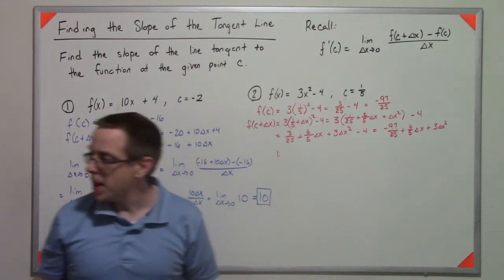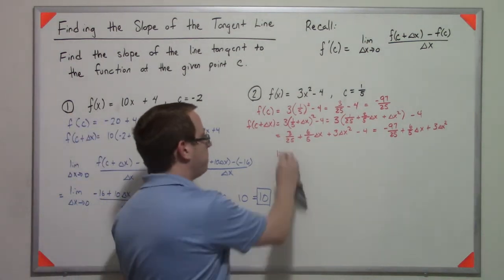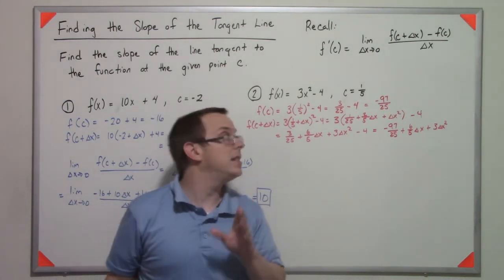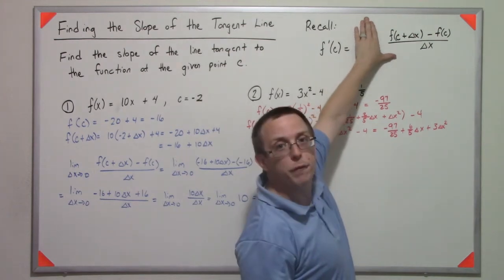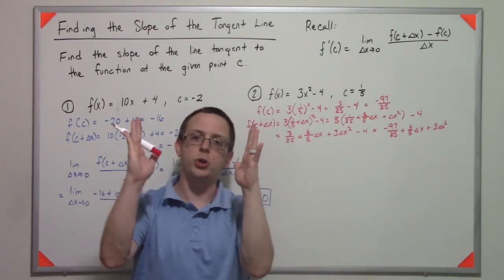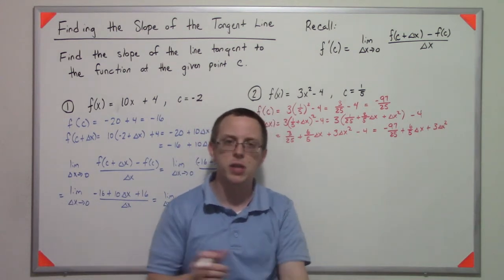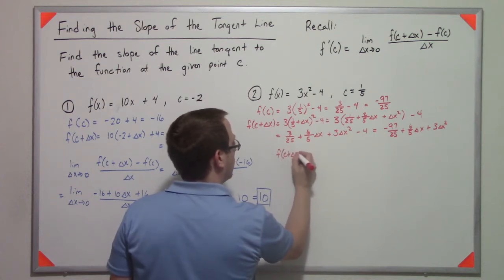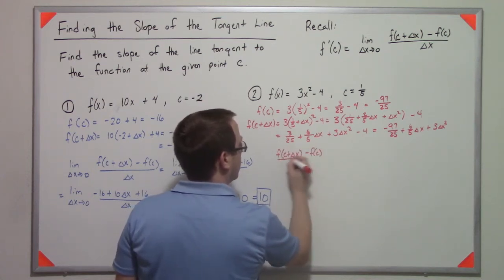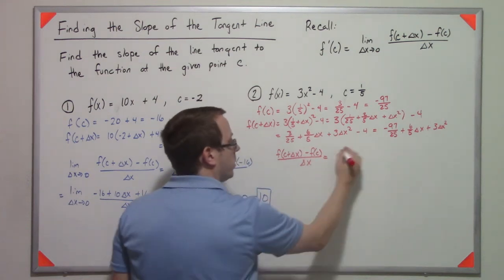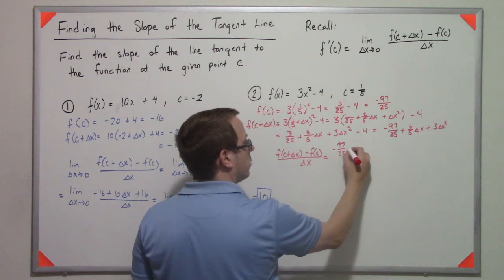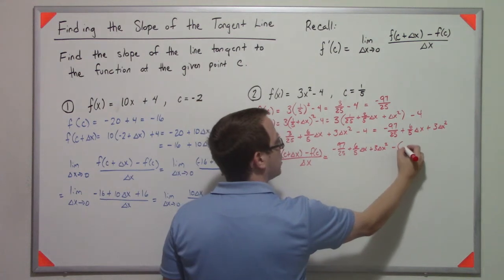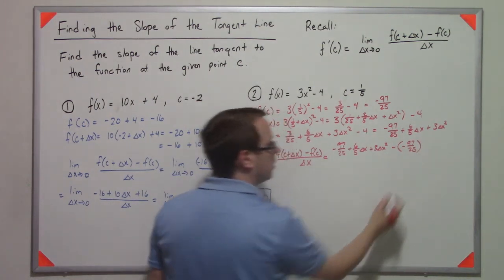I'm going to do something which you're really not supposed to do, but for the sake of board work, let's examine this quotient before we take the limit. We're going to simplify it, and then add the limit. That'll save us a little space. So you have negative 97/25 plus 6/5 delta x plus 3 delta x squared minus negative 97/25.